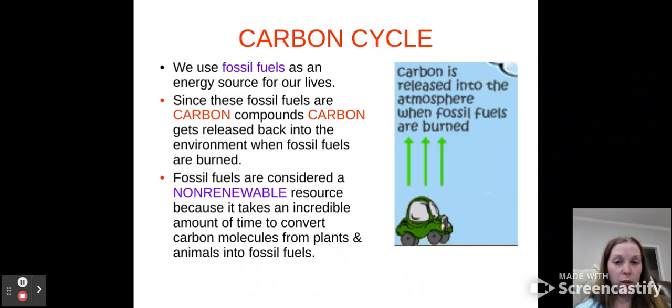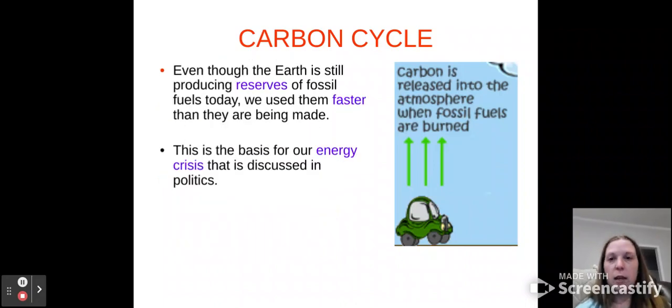So that means once they're used, you can't keep using it. You got to make more. And even though the earth is still producing reserves of fossil fuels, they're being used up faster than they are being made, which is leading to our energy crisis that is discussed constantly when it comes to politics.